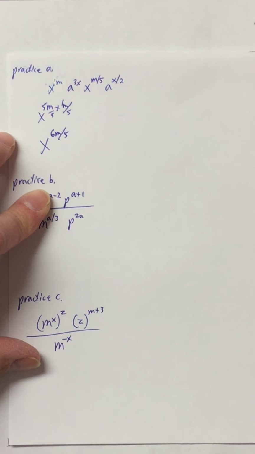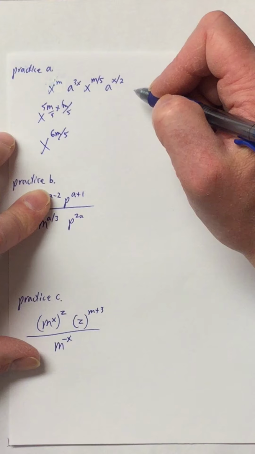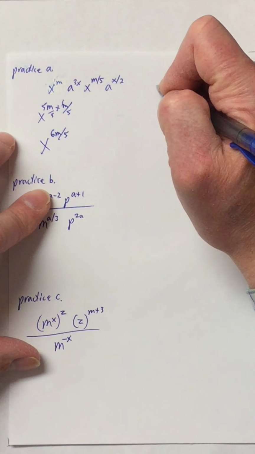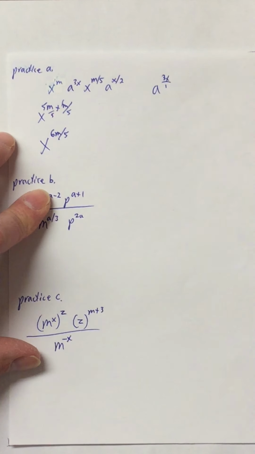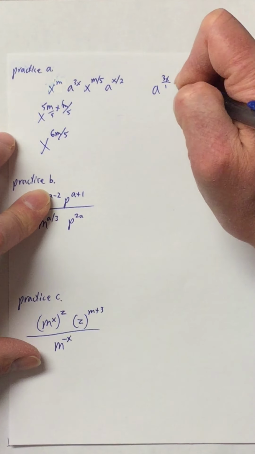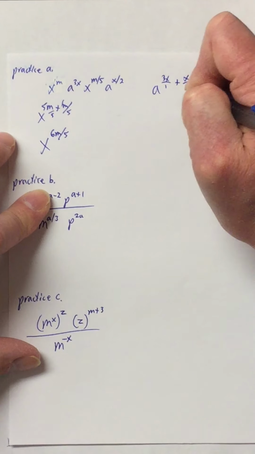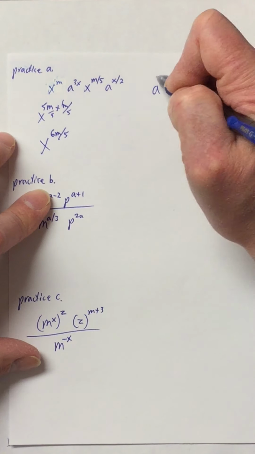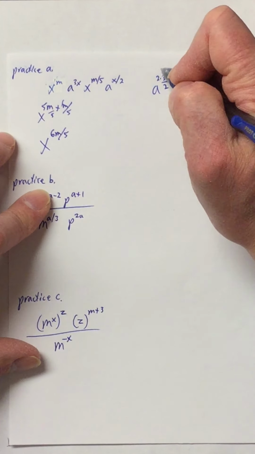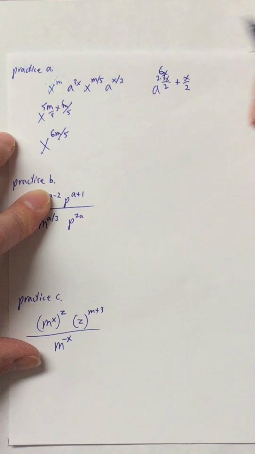All right, and then we look at the a's, and the a is 3x. I'll write it as a fraction because I know my second one's a fraction, and then plus x over 2 as a fraction. Common denominator here is going to be 2 multiplied by 2. That's going to make this a 6x on top.